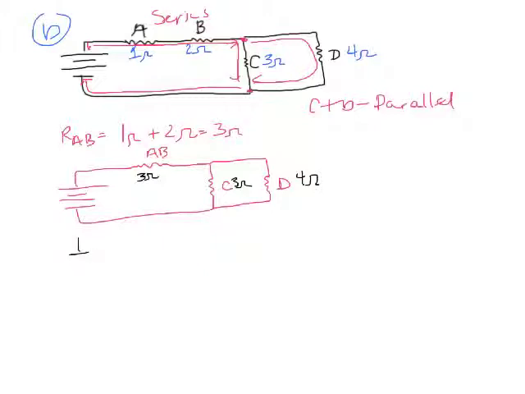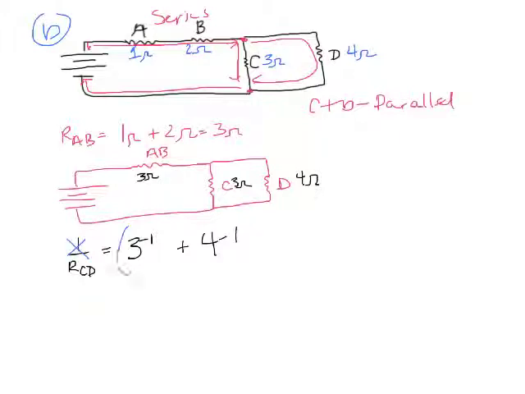Then if we want to take our two parallels, because we know what to do with them, and figure out what CD is. Our CD is equal to 1 over 3. Actually, I'm not going to write it that way. I'm going to keep you in your format with the calculator. 3, negative 1, plus 4, negative 1. And what do we do to get it so that it's RCD equals?